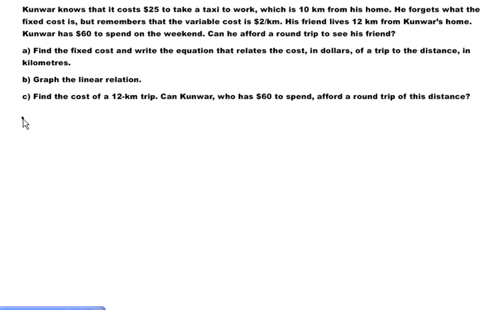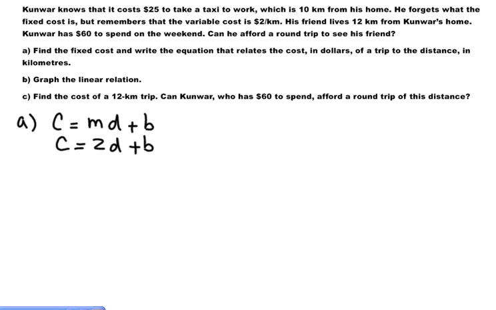So for part A, I can write the equation: cost is m times d, distance, plus b, which is the y-intercept, which is the fixed cost. Now, we already know that the variable cost, which is the slope, is $2 per kilometer. So I can write this as 2d plus b.